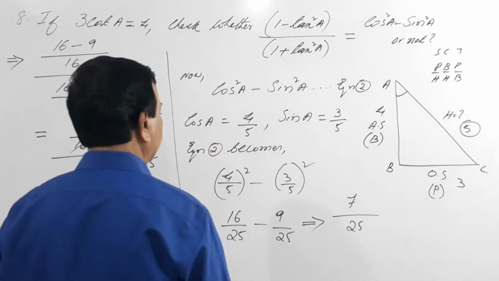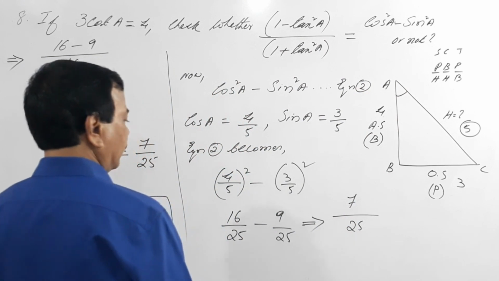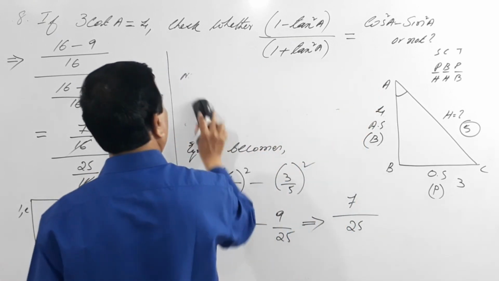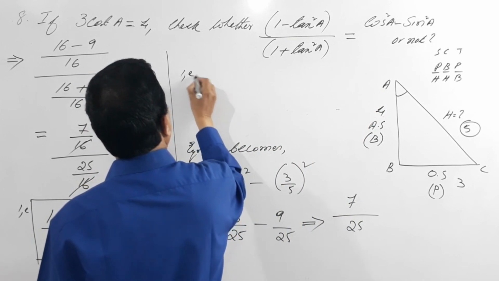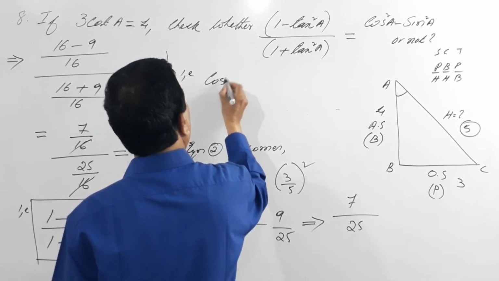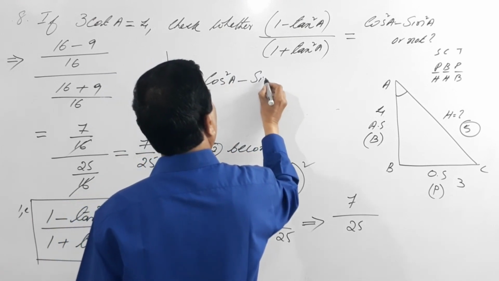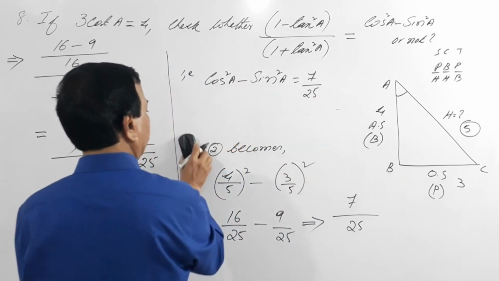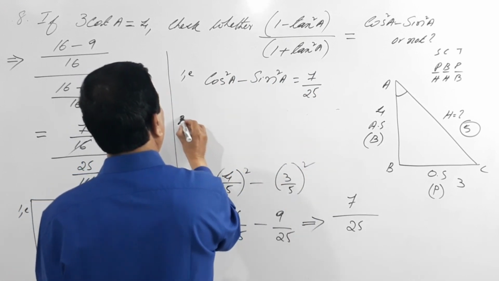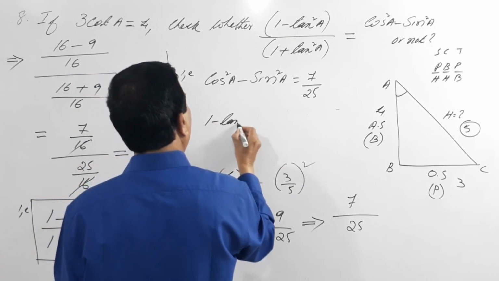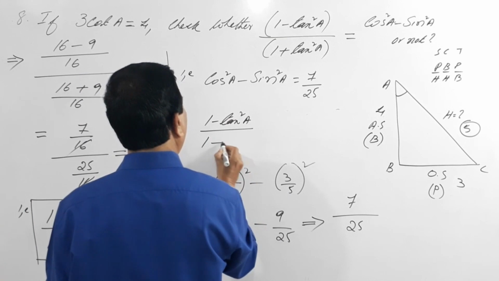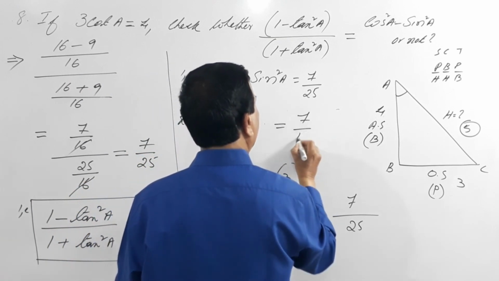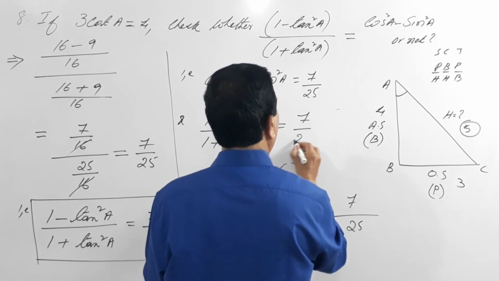So we got, what is this? That is cos square A minus sin square A equals 7 by 25, and 1 minus tan square A divided by 1 plus tan square A equals 7 by 25.